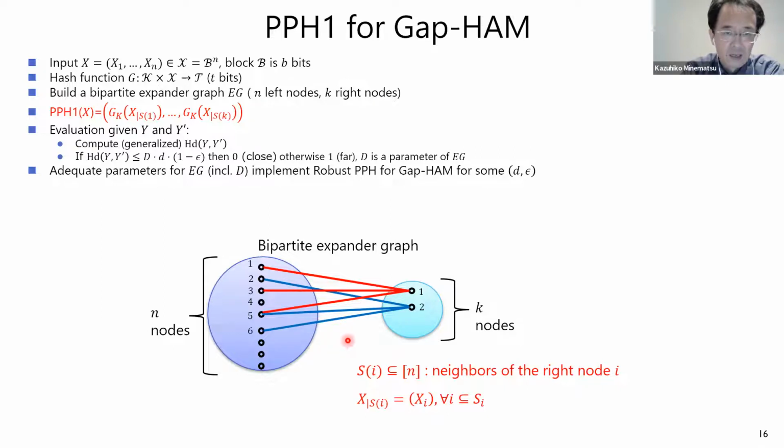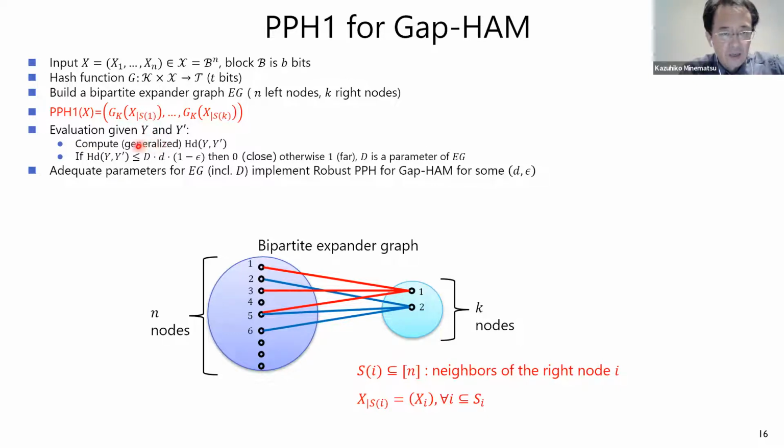Let S of i be the set of the neighbors of the right node i, and X sub S of i be the projection specified by S of i. Then the PPH1 for input X is a concatenation of the k hashing values, where each hash function takes the projection specified by S of i.